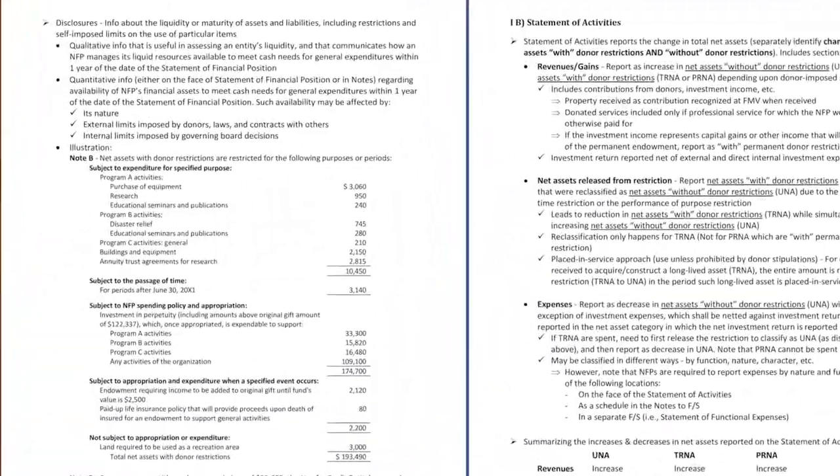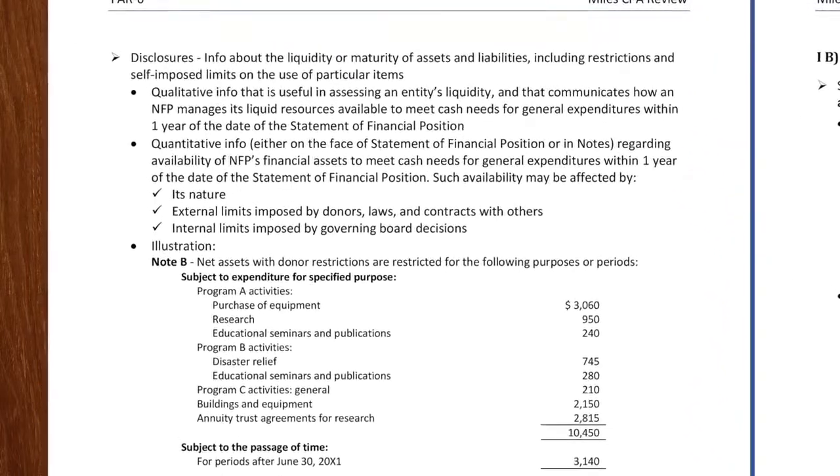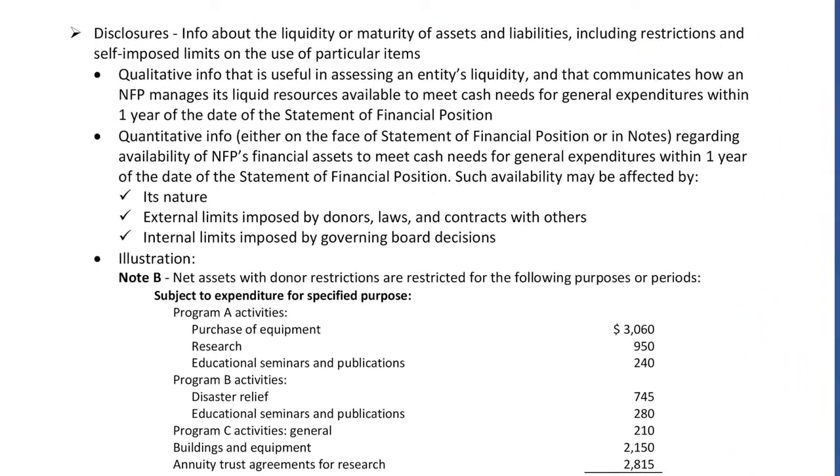Now to page 46, where we're talking about disclosures or information about the liquidity or maturity of assets and liabilities, including restrictions and self-imposed limits on the use of particular items. Couple of bullets below, we've got an illustration.